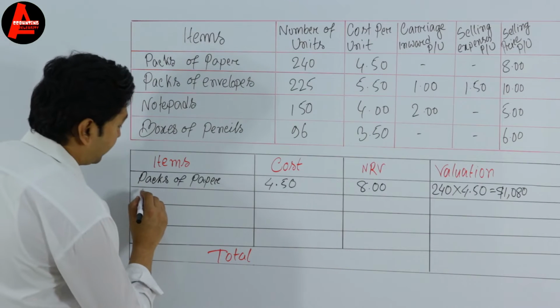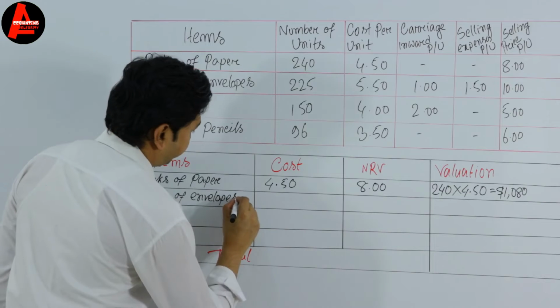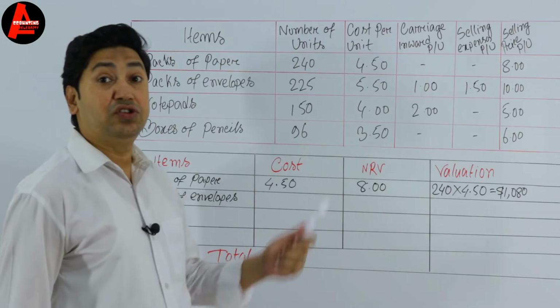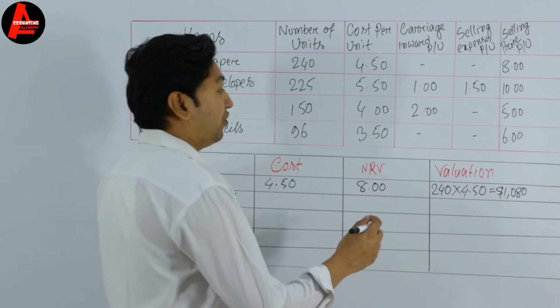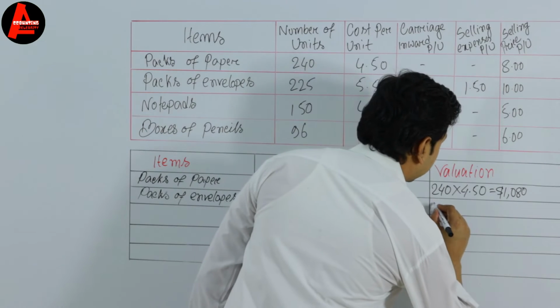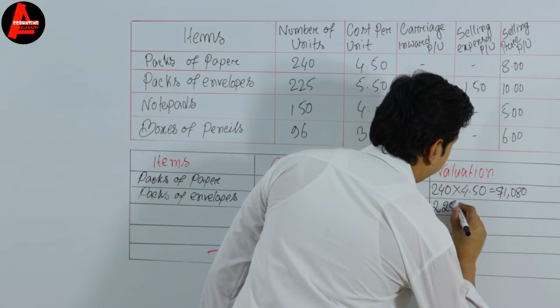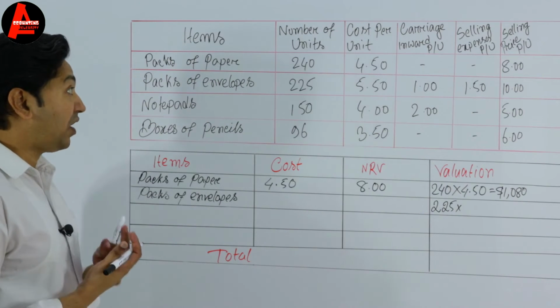Now the second one we have is pack of envelopes. Let us write here pack of envelopes. Now how many units? We see here 225 units, so we will write the units first of all. Now we will check the cost price.